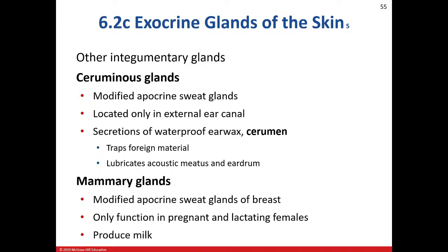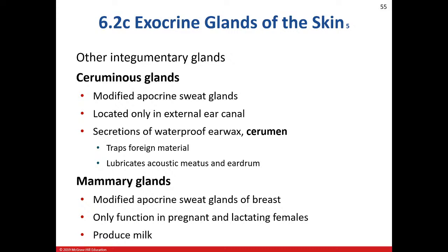All right. So, next up, other types of skin glands. You have the ceruminous glands and the mammary glands, and these are modified apocrine glands. Both of these are modified apocrine glands that use apocrine secretion. The ceruminous glands are located in the external ear canal, and they produce cerumen, which is ear wax.